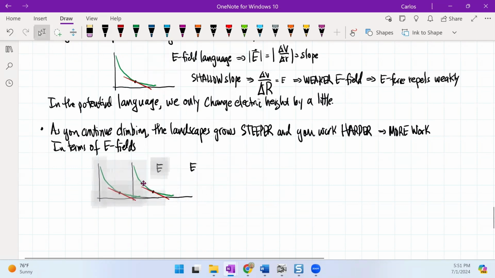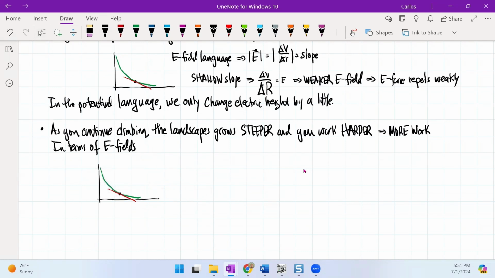The big difference is that now we don't care about that point. The point we care about is somewhere higher. If I look at this point right here, you can see that the slope is steeper.